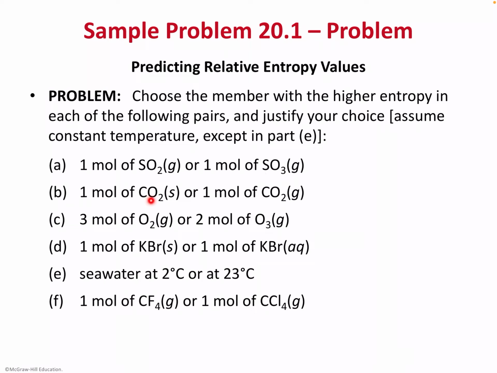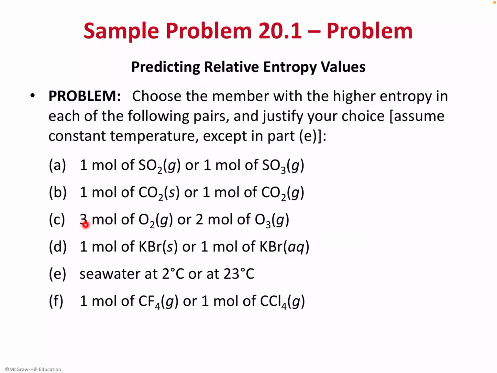One mole of carbon dioxide solid, one mole of carbon dioxide gas. Solid or gas? Gas has more freedom of motion. So one mole of carbon dioxide gas will have more entropy. C. Three moles of oxygen or two moles of ozone. Here, if you look at the molecule complexity, this is two oxygens, this is three oxygens.